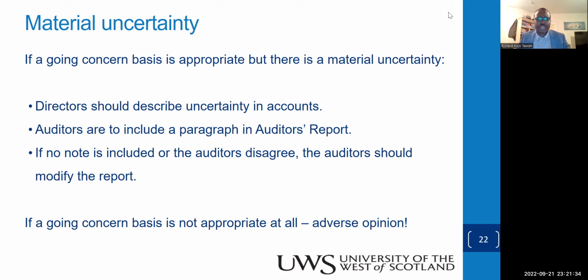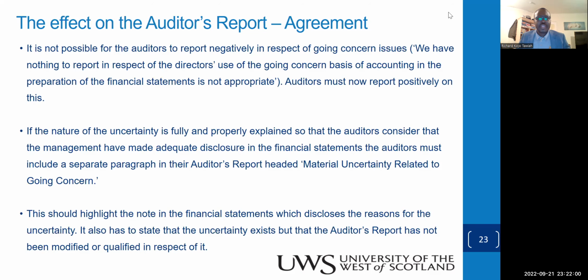If a going concern basis is not appropriate at all, if the basis upon which the management have indicated that this is a going concern, and we realize that the basis upon which they drew those conclusions was not appropriate, adverse opinion. You tell them clearly that these financial statements do not represent a true and fair view.